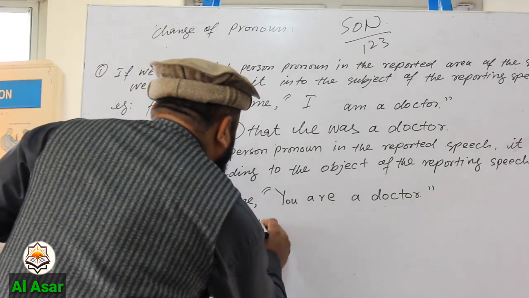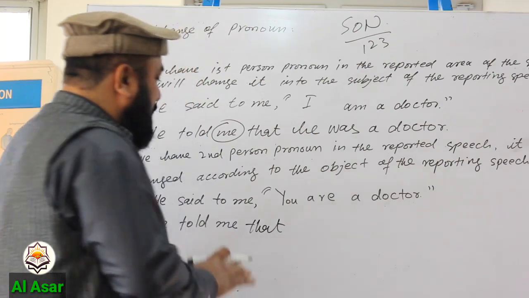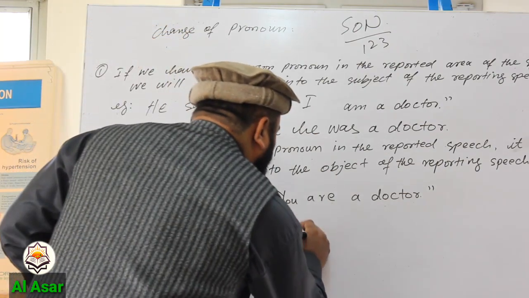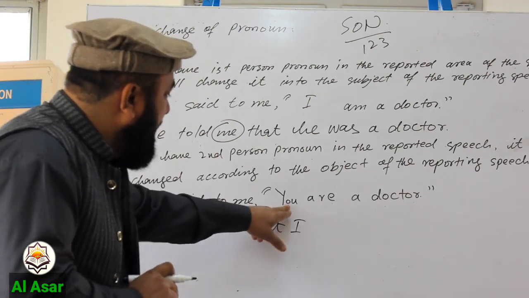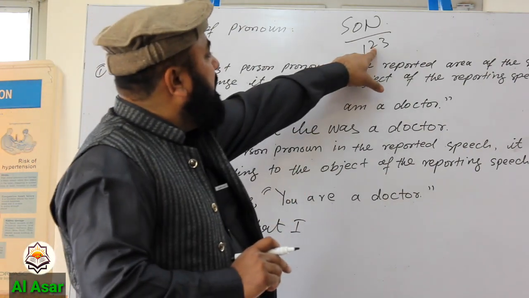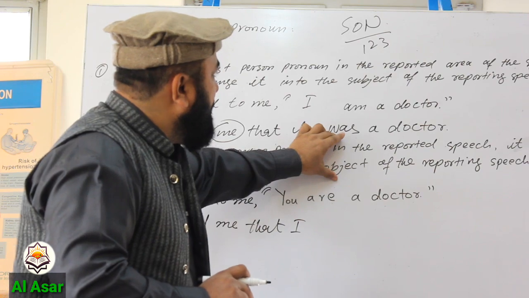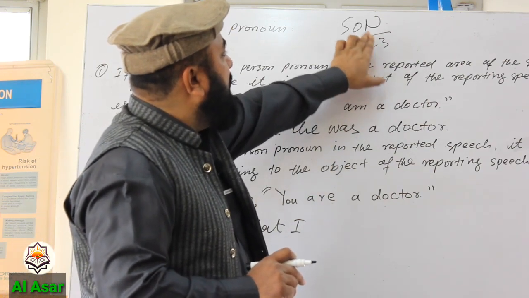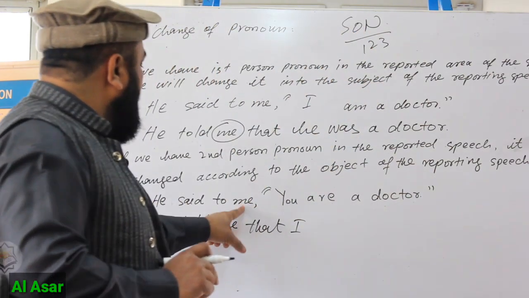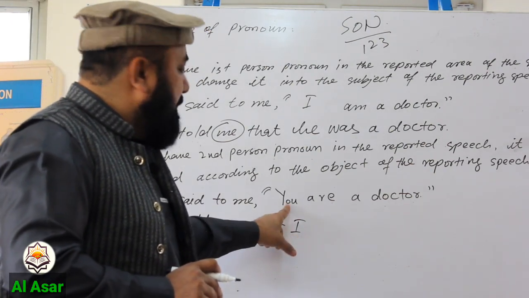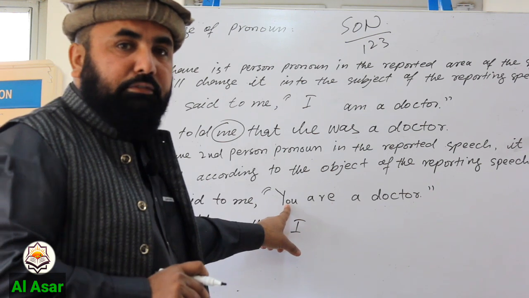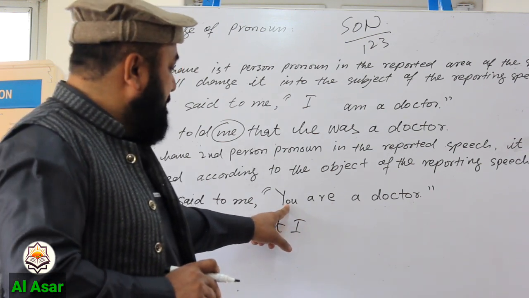Now look, that will be used to omit commas, and I will be also used instead of you, because we have learnt in this portion that second person pronoun will be changed according to the object of the reporting speech. So it will become I, because we have subjective case here.